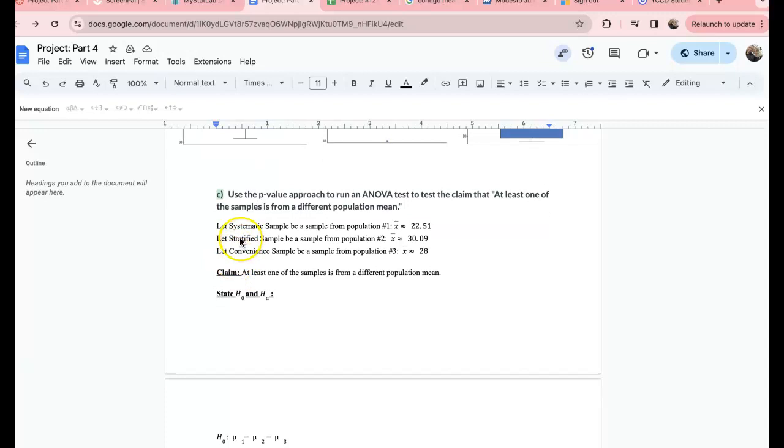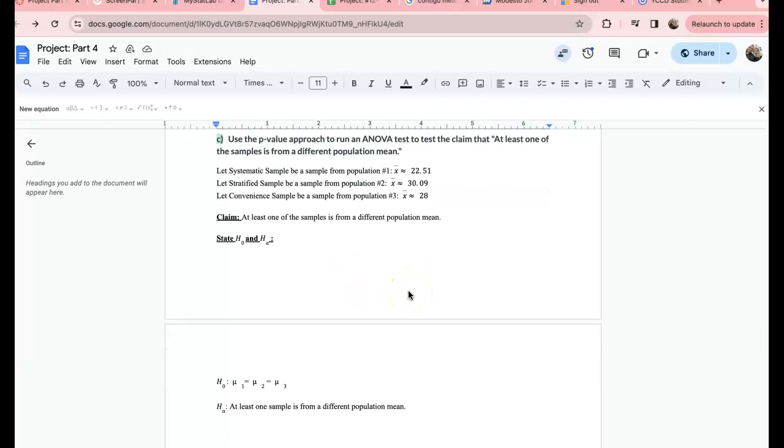We have the population mean for the systematic sample as, again, 22.51. The stratified sample population mean is going to be 30.09. Convenience sample population mean is going to be 28. The claim, again, is at least one of the samples is from a different population mean.